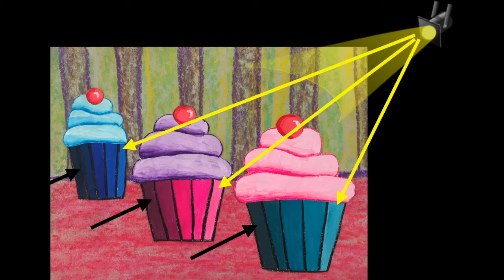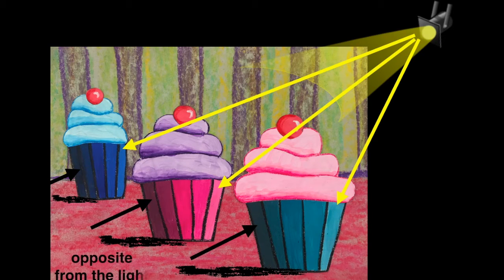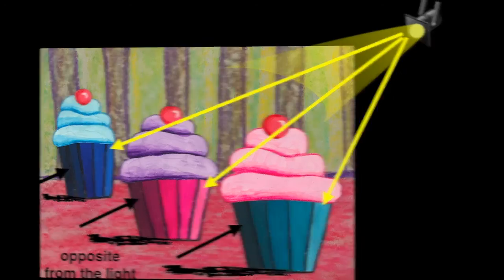That means the shadow that I draw on the table will also be on the left. It will be on the side with the darkness on the cupcake cups, the side where I used black in my paint and made a shade. Now remember, always, the shadow is on the side opposite from the light.